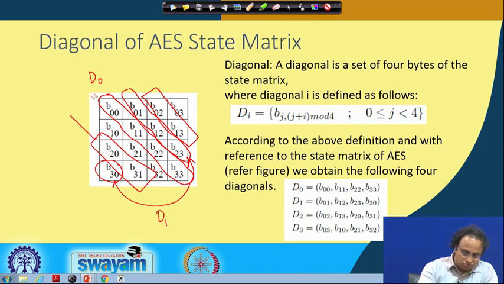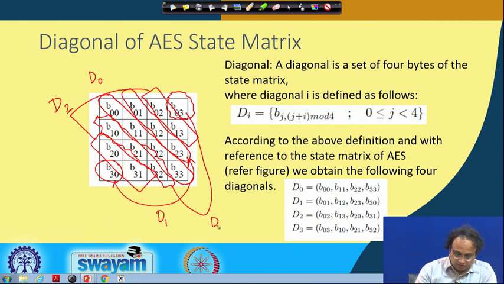These two make diagonal D2. And likewise, consider the bytes B03 and B10, B21 and B32. This forms my diagonal D3. So, these are the 4 diagonals: D0, D1, D2 and D3.